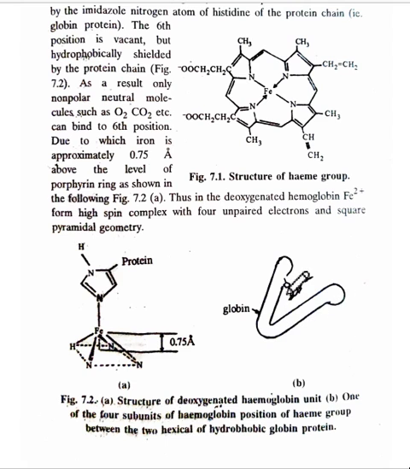The two helices of hydrophobic globin protein and subunit of hemoglobin are here. This is the 0.75 angstrom. Here is the histidine and here the protein molecule is there. The square pyramidal geometry we can see very clearly.